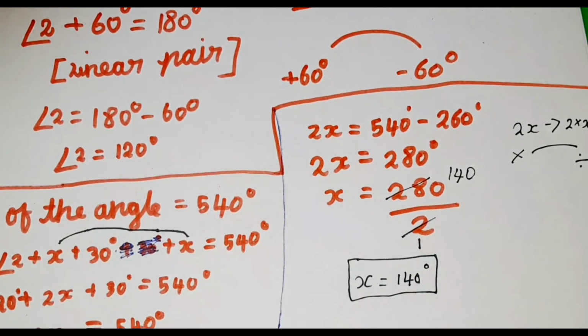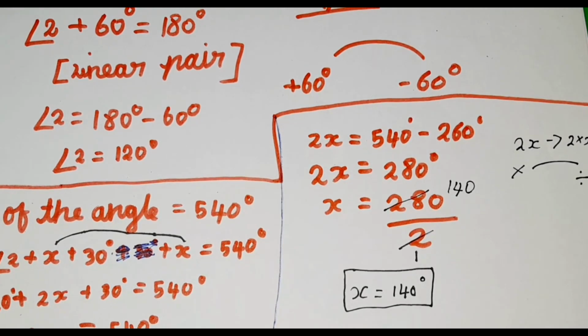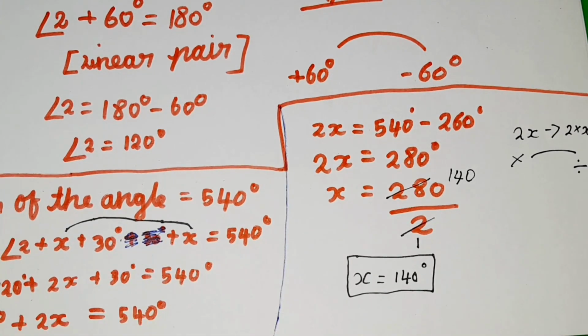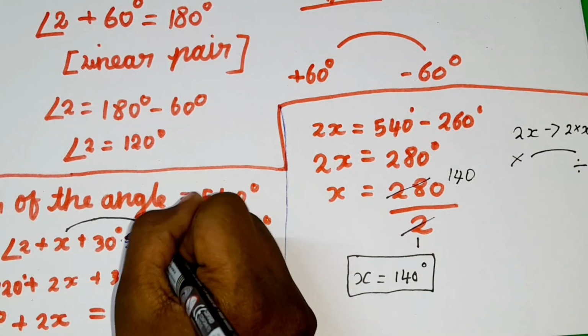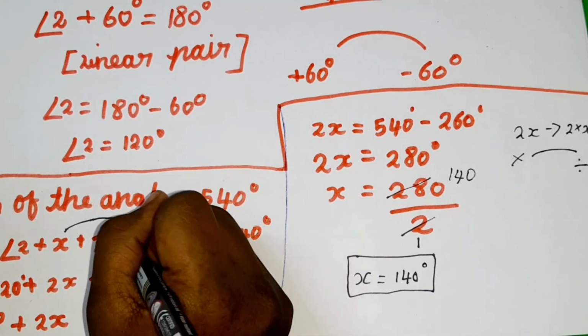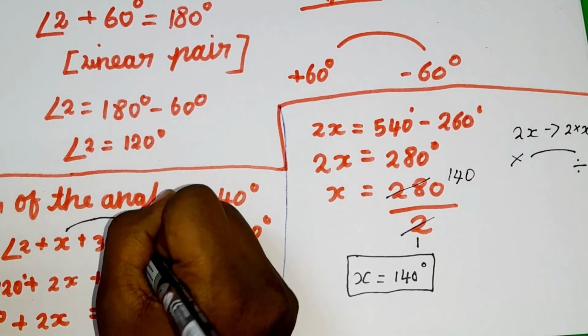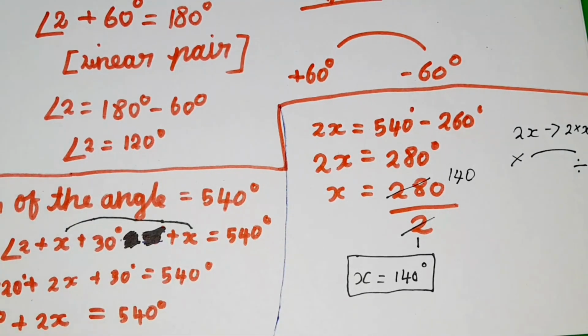I hope you guys understood this sum. This was a little tricky by the way, but the only thing you should remember is when you don't have any sum to do, you should use angle sum property to find the total measure, especially for polygons with 5 sides or above. Because sum of a quadrilateral you guys know, right?